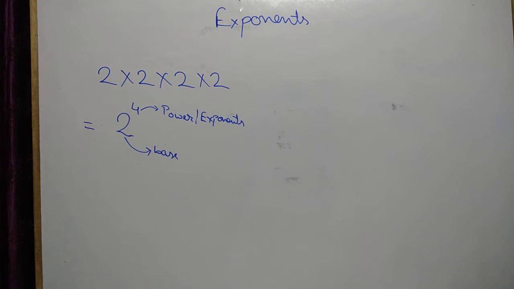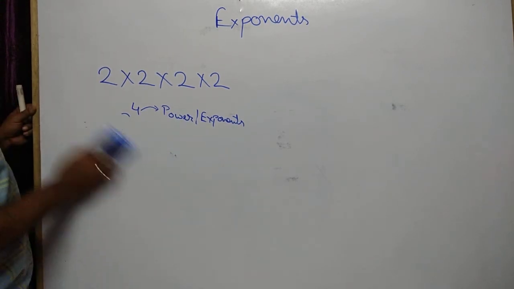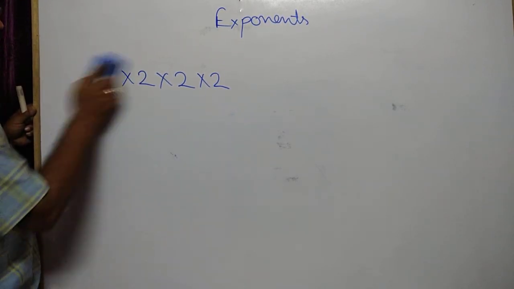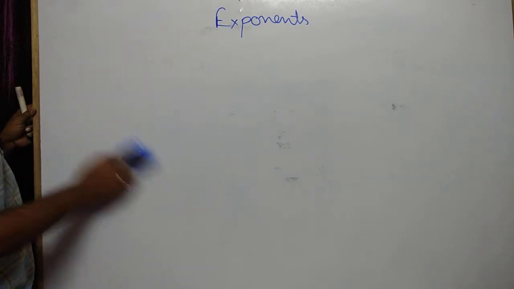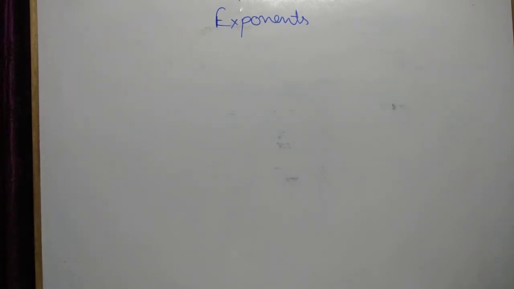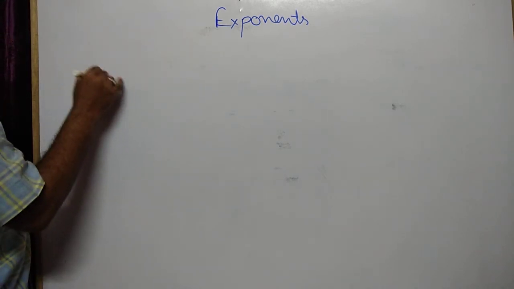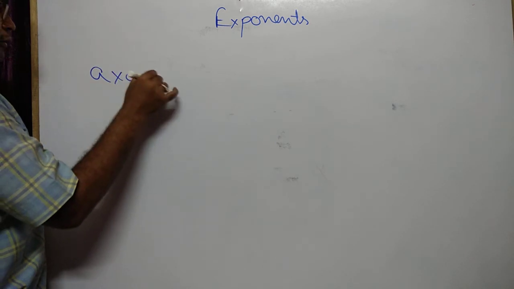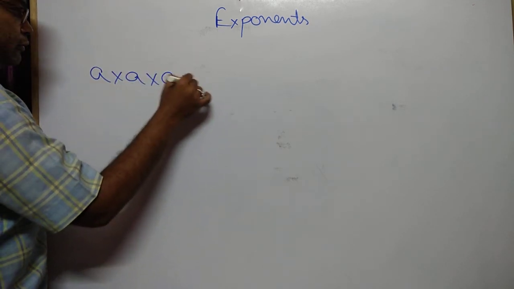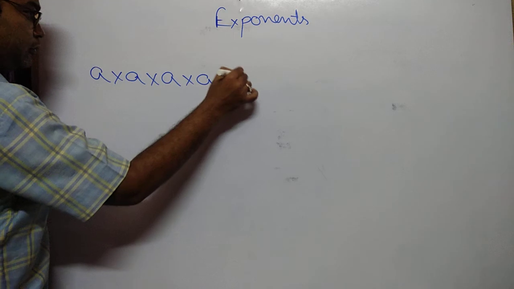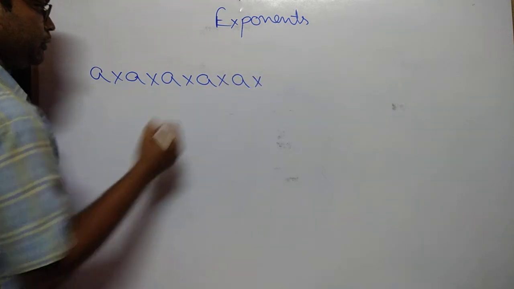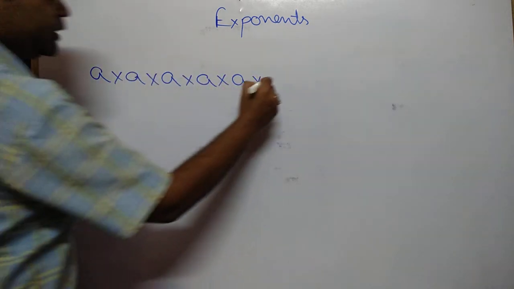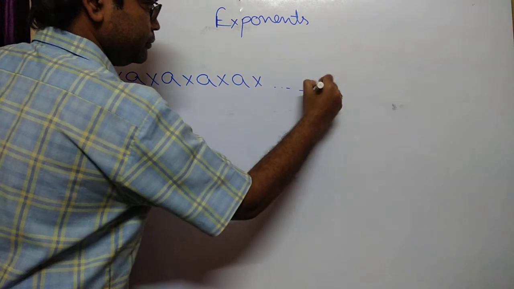In general form, suppose we are multiplying a, and this a is continuous up to n times.